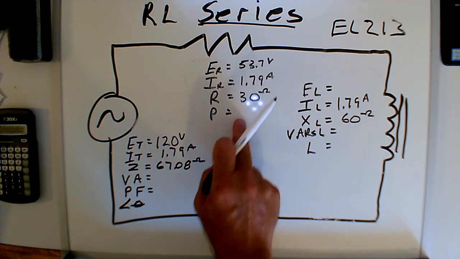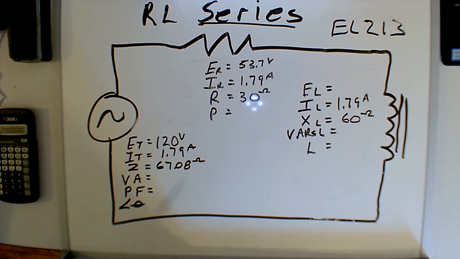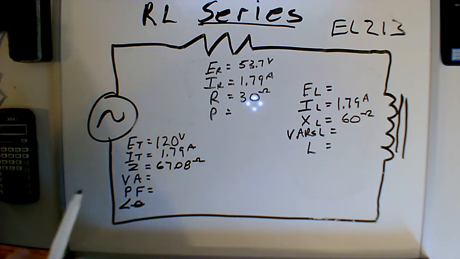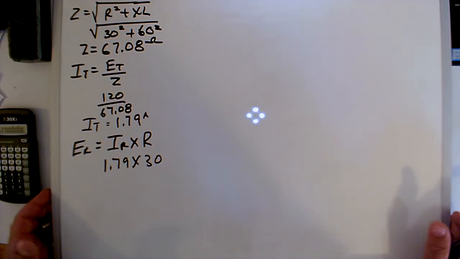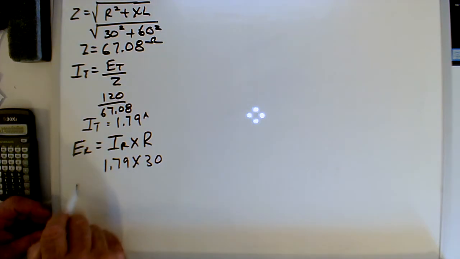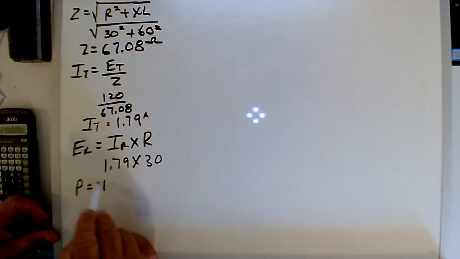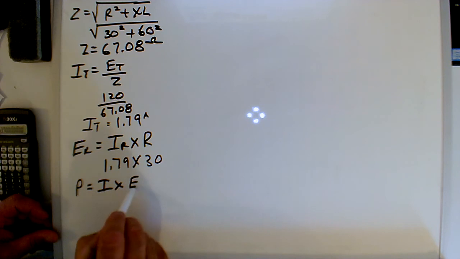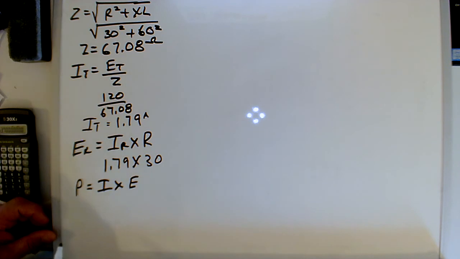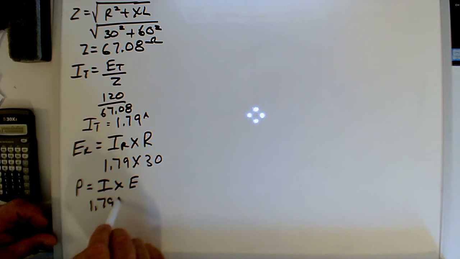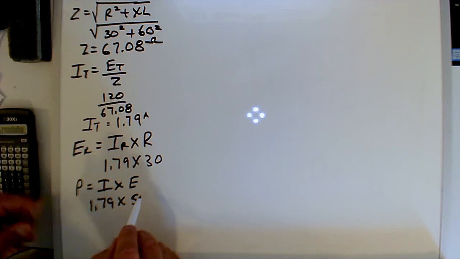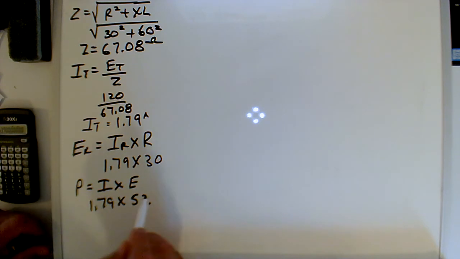If I'm staying with the resistor, I can figure out the P real easy by multiplying the I times E. So in this case, P is equal to I times E, and I is 1.79, and the E is 53.7 volts.